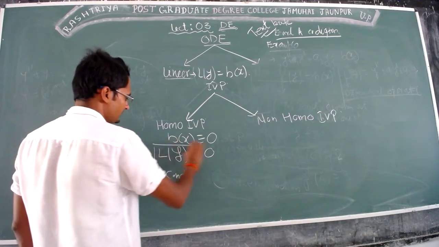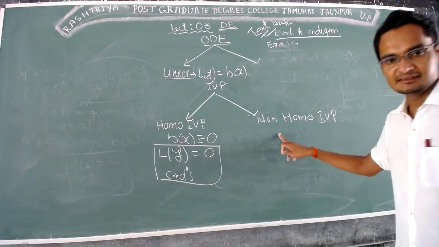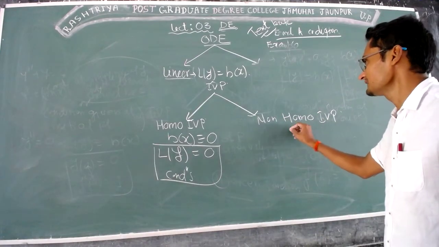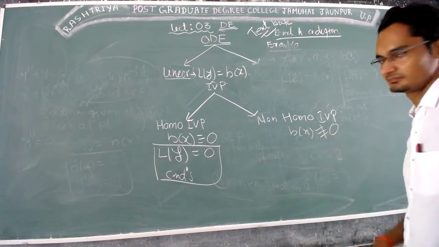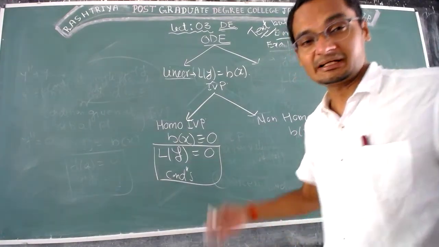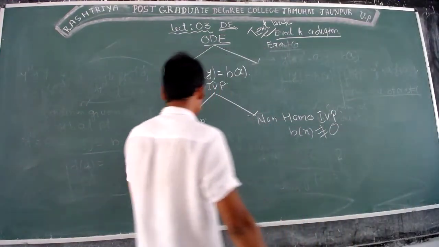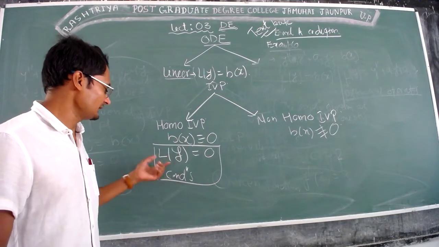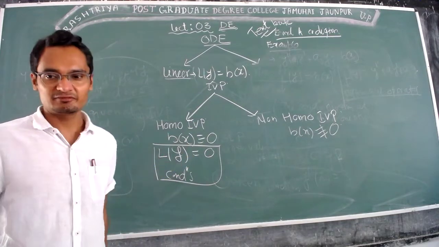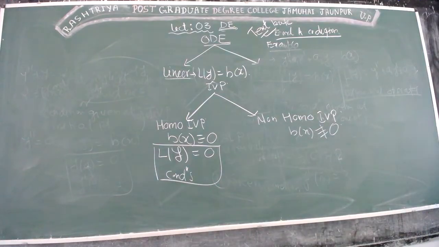So these two will be given. Non-homogeneous means Bx will not be 0; it will contribute something. So in the homogeneous initial value problem, Bx is identically 0, so Ly is equal to 0, which we will calculate from here. Is it alright to everyone?